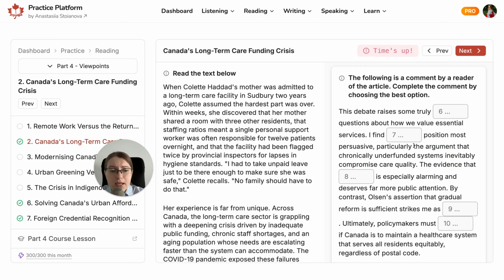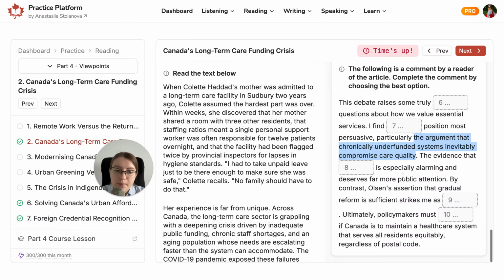So in this case, we need to find this argument. Who gave this argument in order to be able to choose the correct position here, all right? The evidence that is especially alarming deserves far more public attention. What kind of evidence was in the text? That was very important.